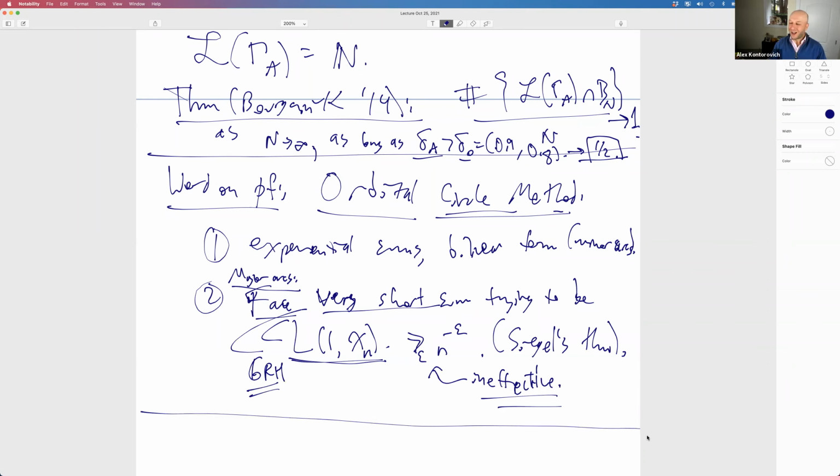It's because I only stated that we can get the minor arcs not individually but on average, which is why we have asymptotic length saturation and not full length saturation. Because we are already averaging, you can get this short sum to look like an L-function on average without using GRH. And Siegel's theorem, if you only want it on average, you can remove the ineffectivity. So because we're averaging already for the minor arcs, we may as well also average on the major arcs to make the statement unconditional and effective.